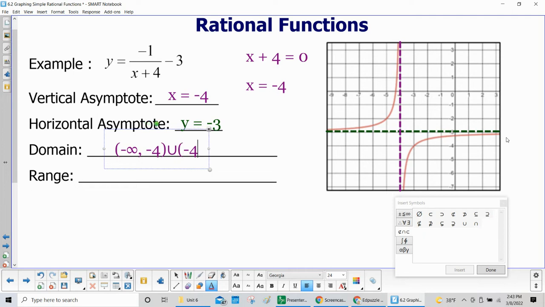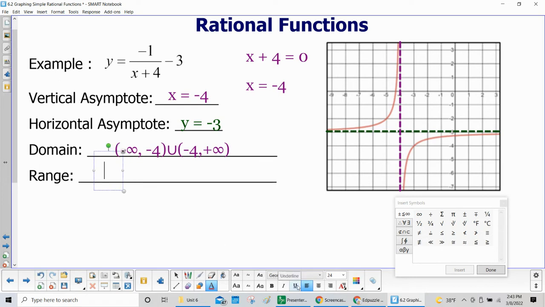So then we'll go from -4 to +infinity. Again, we don't actually put in brackets because we are not going to be including the value that is the asymptote. The asymptote is kind of like the cutoff point.